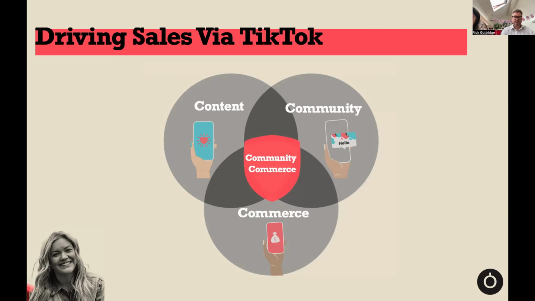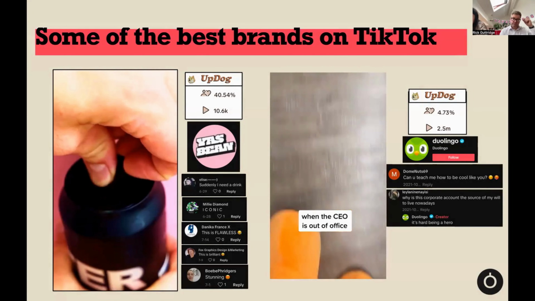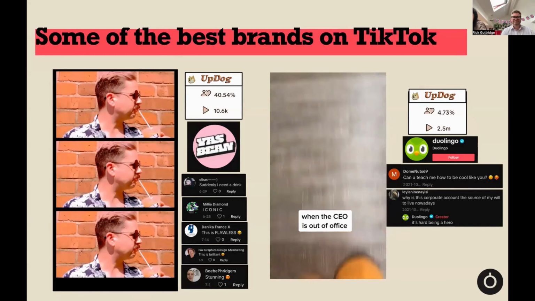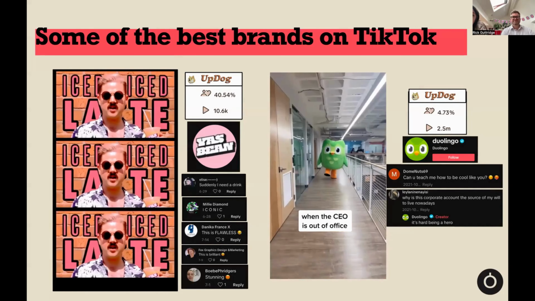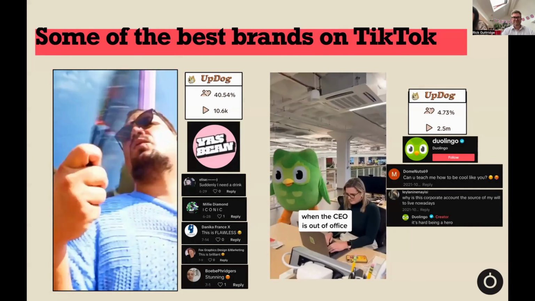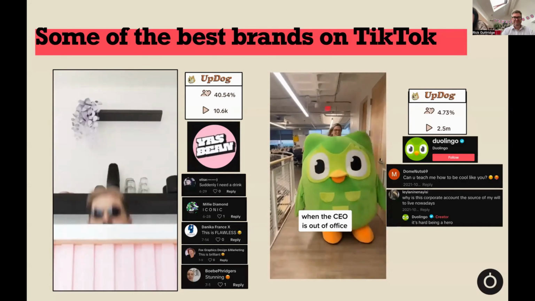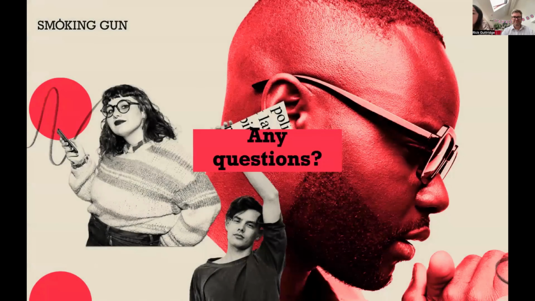And lastly, I just wanted to show you a couple of examples of brands. The first one on the left is actually a local coffee shop in my hometown in Macclesfield, and they've created a huge cult following because of how fabulously camp and unapologetic their social content is.